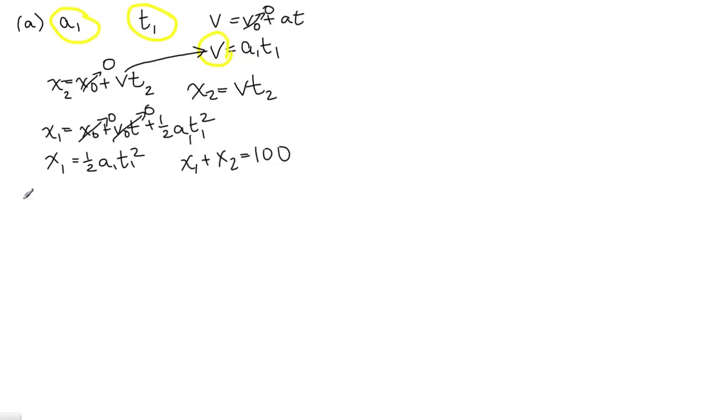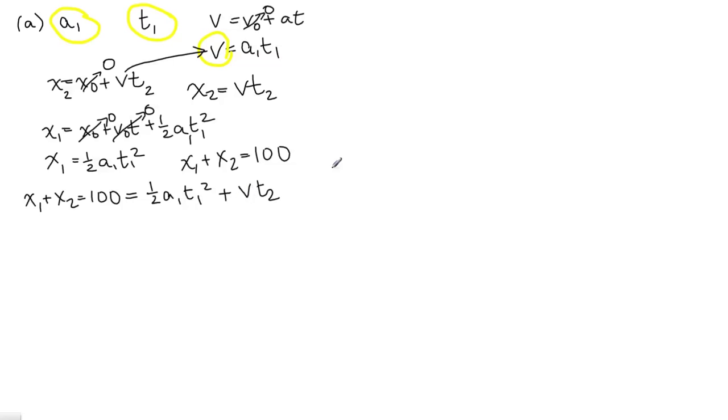You can say x1 plus x2 equals 100. So x1, which is 1/2 a1 t1 squared, plus x2, which is vt2, has to be equal to 100.